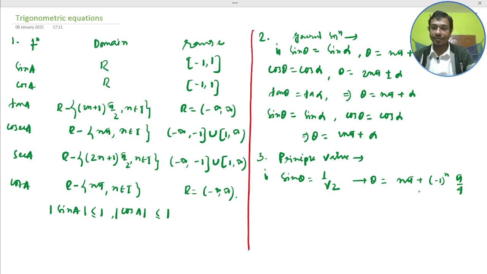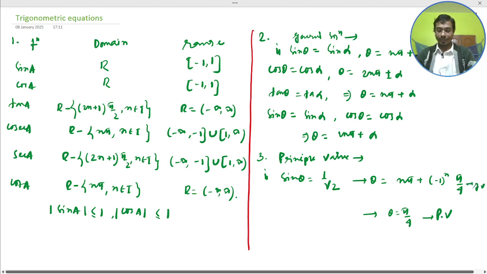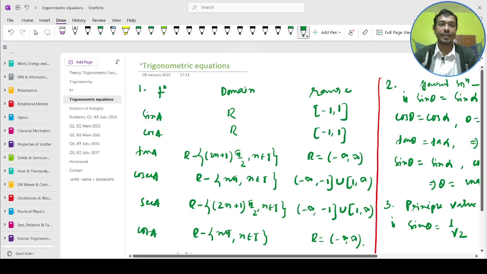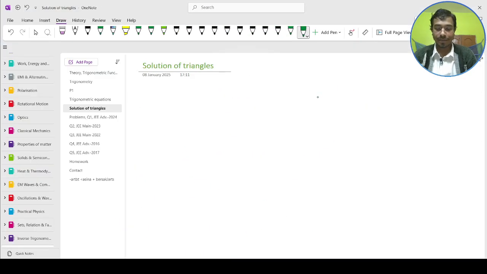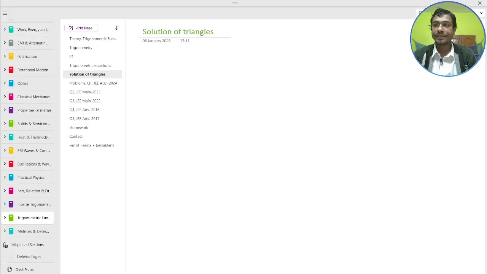This is the general value, and the principal value would be theta equal to pi by 4. Go ahead, our next topic, solution of triangles.